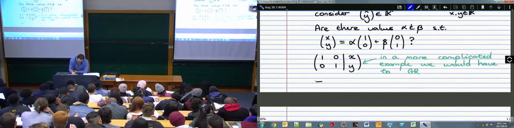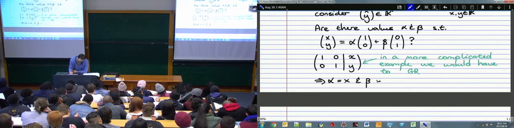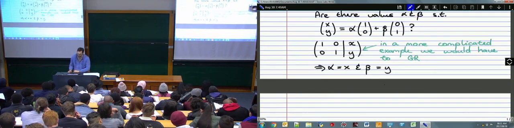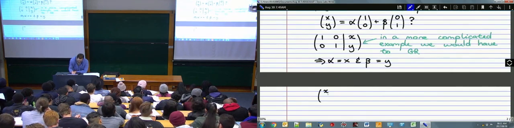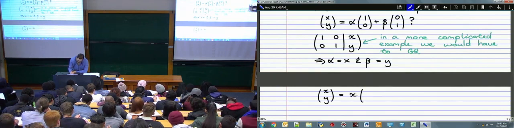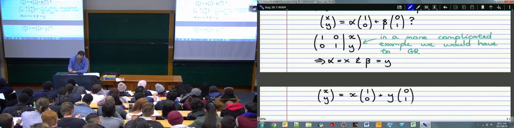So this implies alpha is equal to x and beta is equal to y, which is just saying that (x, y) can be written as x times (1, 0) plus y times (0, 1).